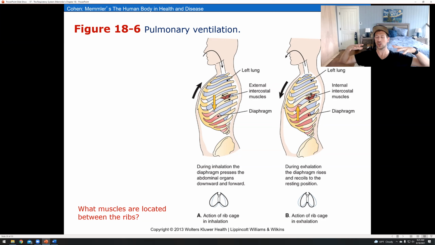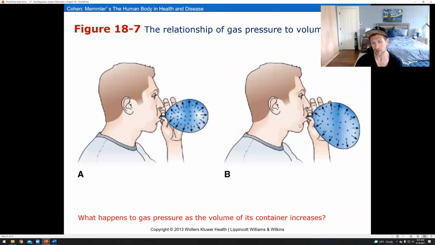And then your internal intercostals will contract to draw your rib cage down at the same time that your diaphragm relaxes back to shape. So when your rib cage expands and your diaphragm flattens down, that creates low pressure, so oxygen moves into your lungs. And when your diaphragm relaxes back and your intercostal muscles lower the rib cage back down, that creates an area of high pressure. So one would draw air into your lungs and one would draw air out.